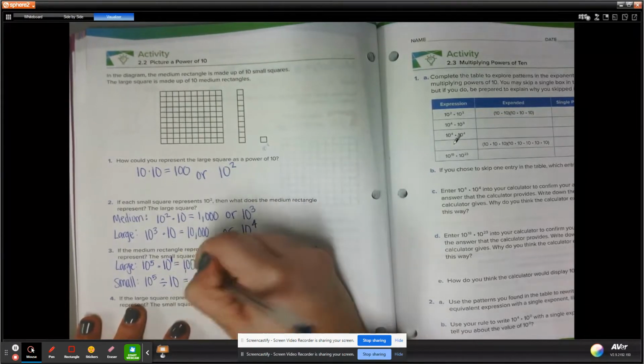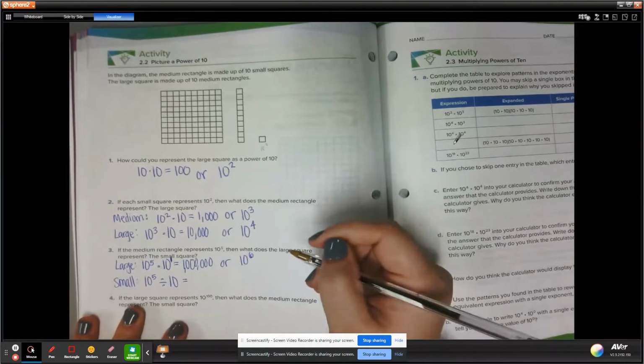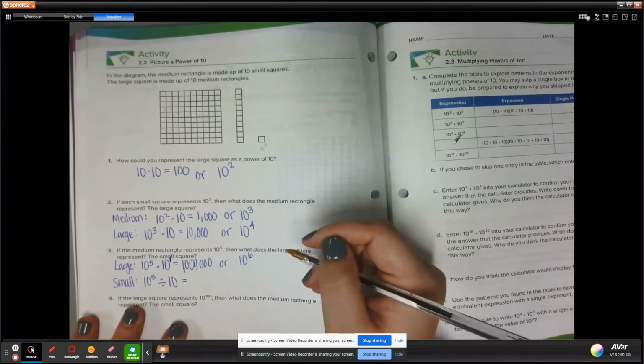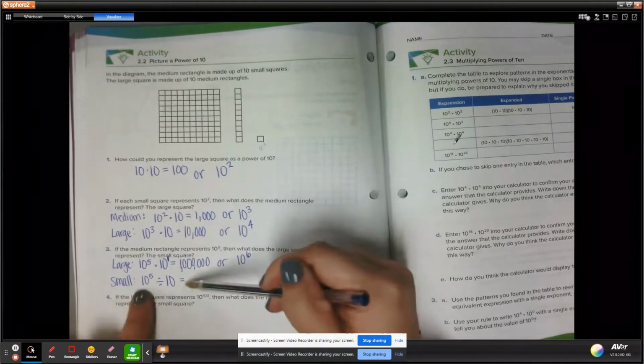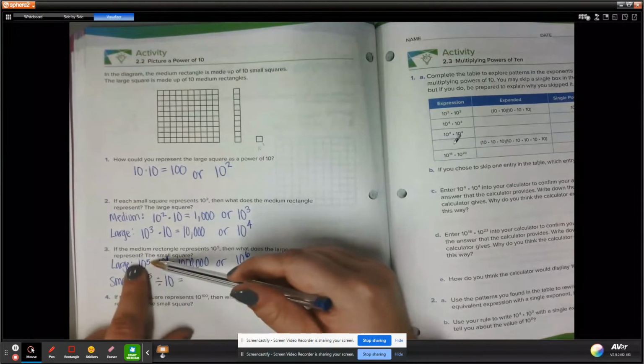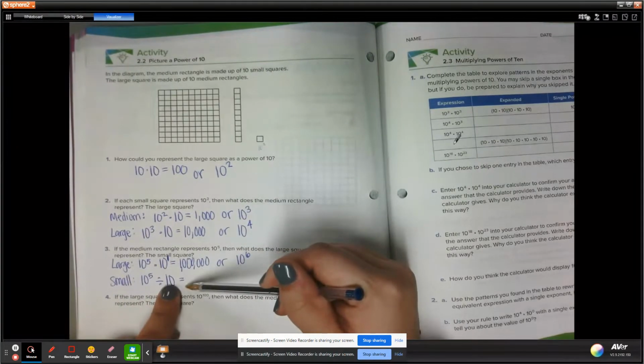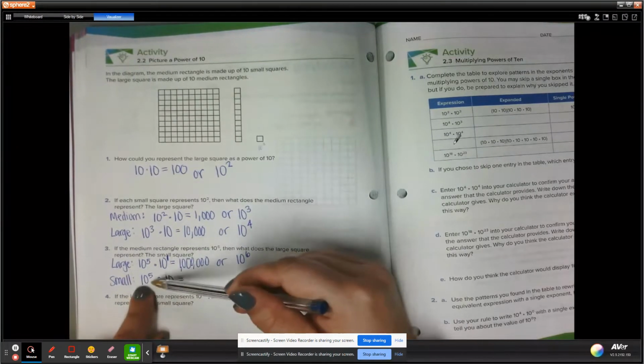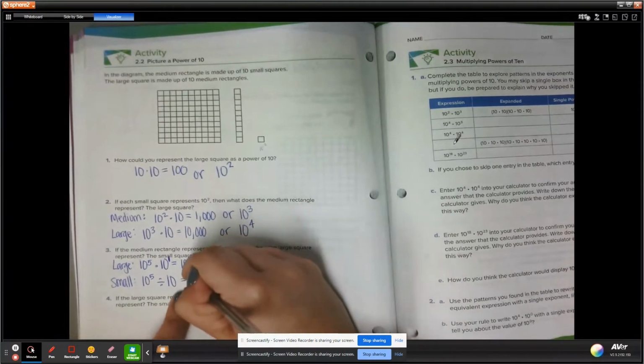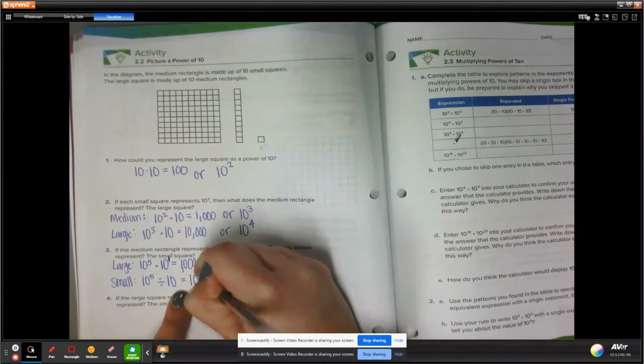So this would be 100,000 divided by 10. So since it's 1 power of 10 less than 10 to the fifth, it would be 10 to the fourth.